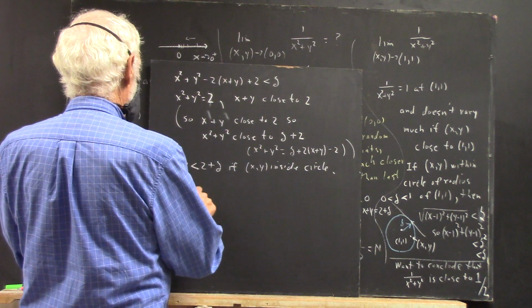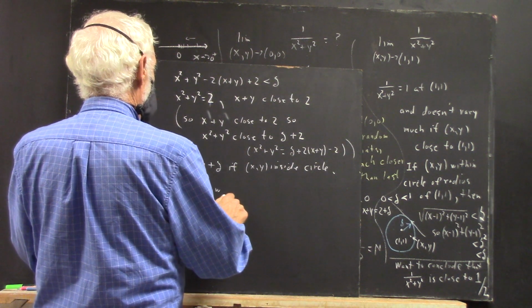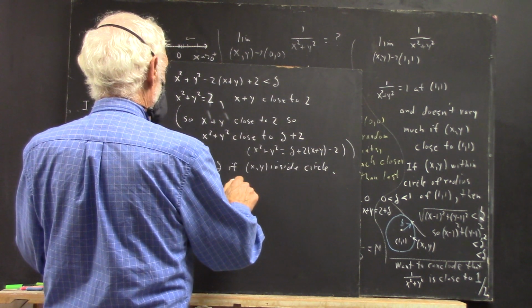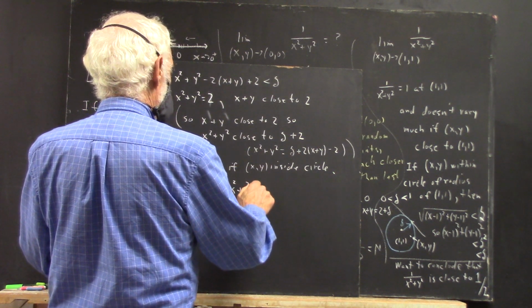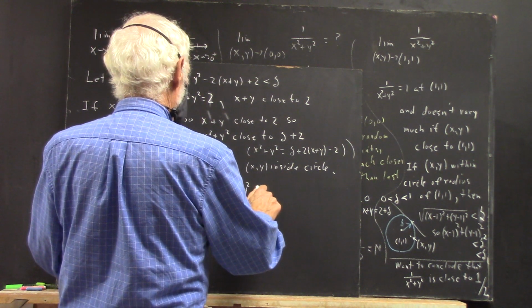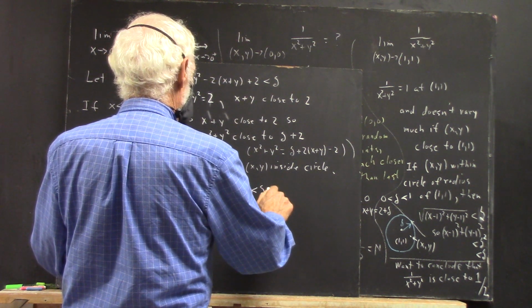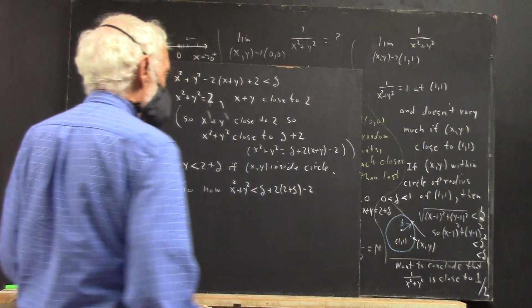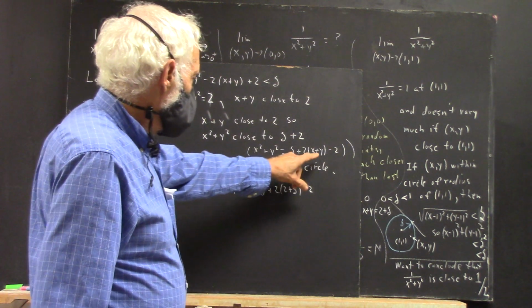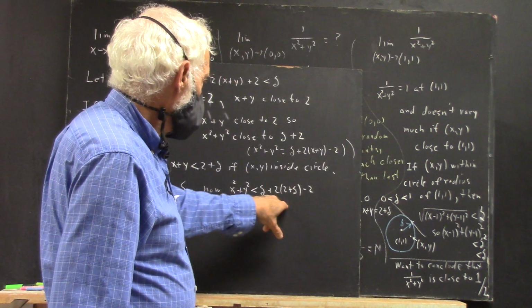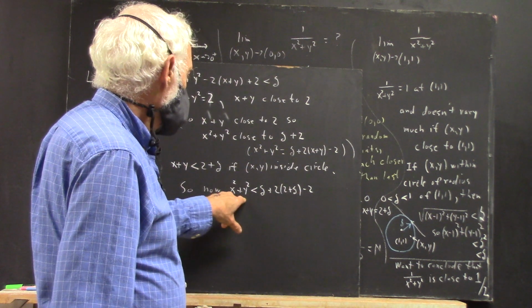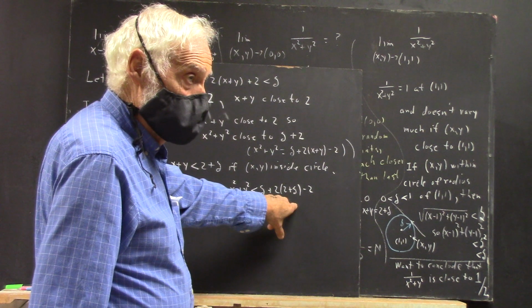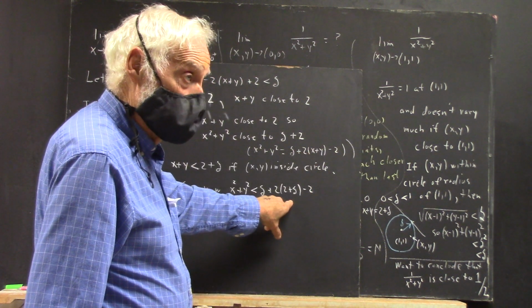So now, we can say that since x plus y is less than 2 plus delta, x squared plus y squared has to be less than this expression. Just replacing x plus y by 2 plus delta.